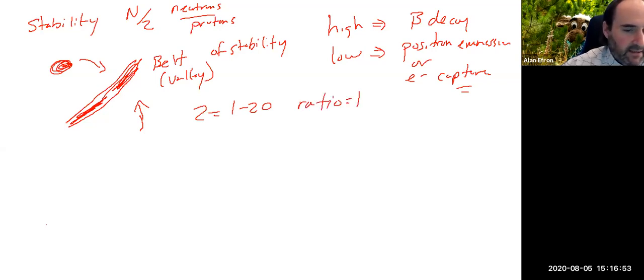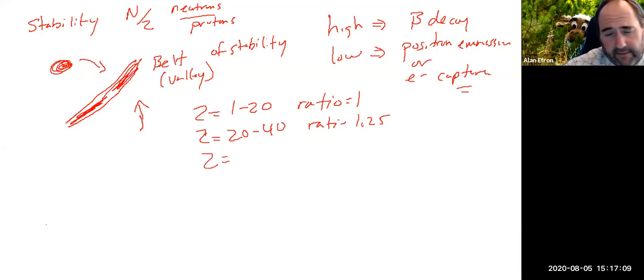If your atomic number is like 20 to 40, an acceptable ratio is 1.25. If your atomic number is 40 to 80, an acceptable ratio is like 1.5.